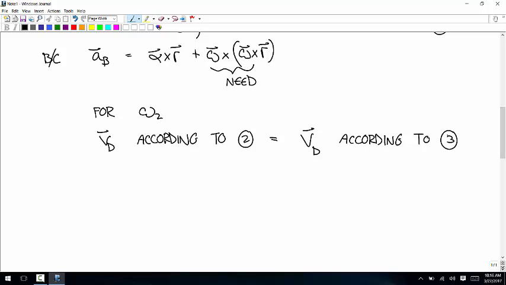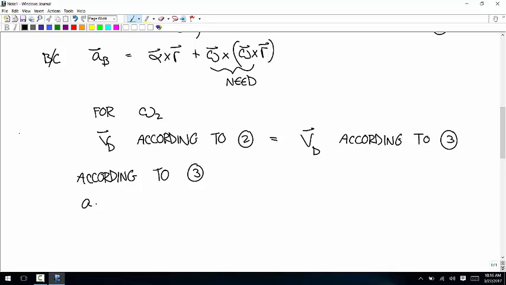Okay, so that's the idea. No, we're not assuming that. Let's just think through it. 3 is the easy one because we know the angular velocity of 3.